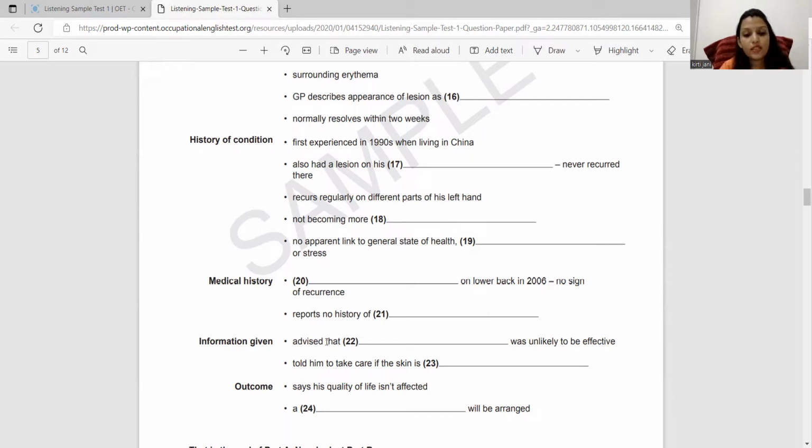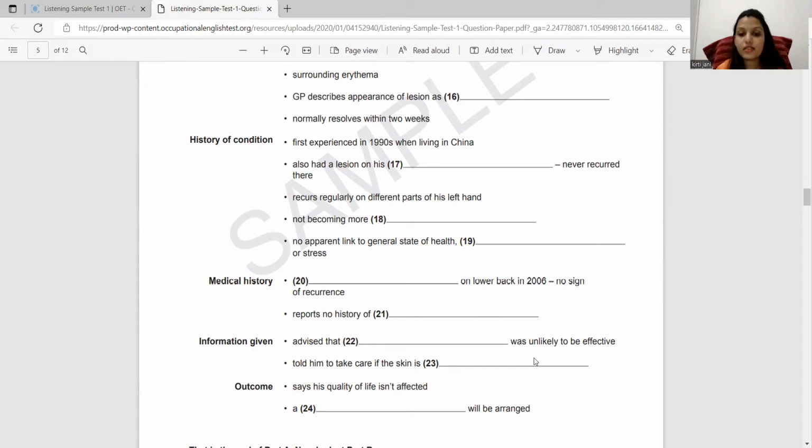Okay. Advised that dash was unlikely to be effective. So some treatment was not that effective. Told him to take care if the skin is dash. So it is asking about if the skin is something that you need to take care of. So what kind of skin can be there that needs to be taken care of?